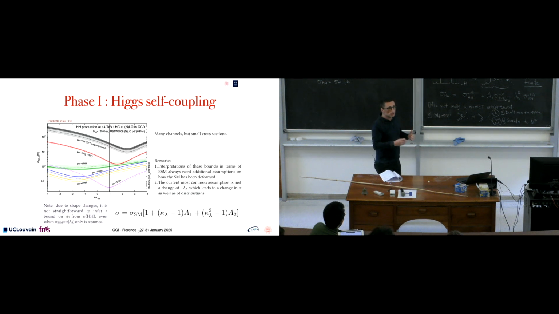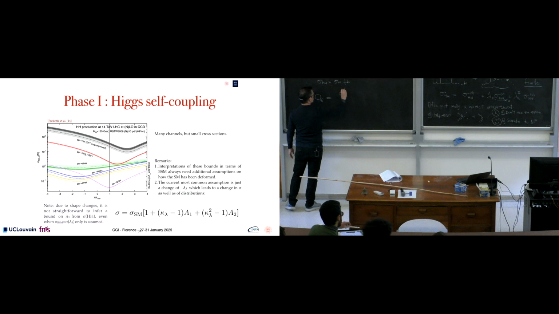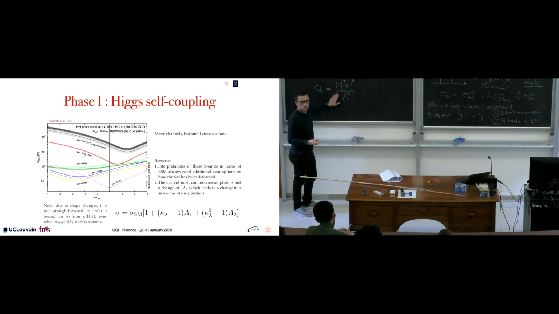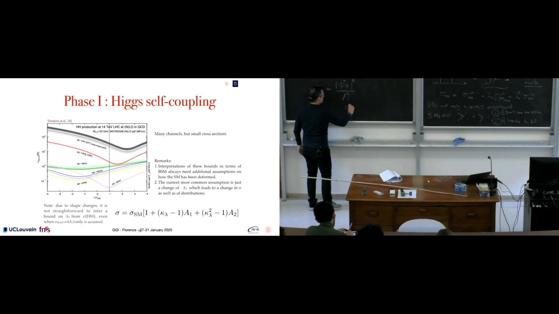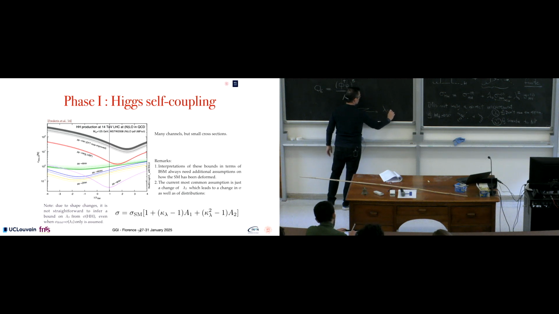So how do I deform the standard model to make this a real measurement of something independent? I add an operator, which is called O6, this operator here, which unlocks the mass of the X from lambda 3 and lambda 4, which are still locked in dimension 6.